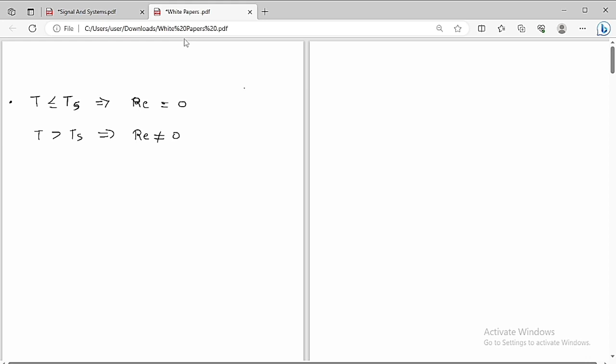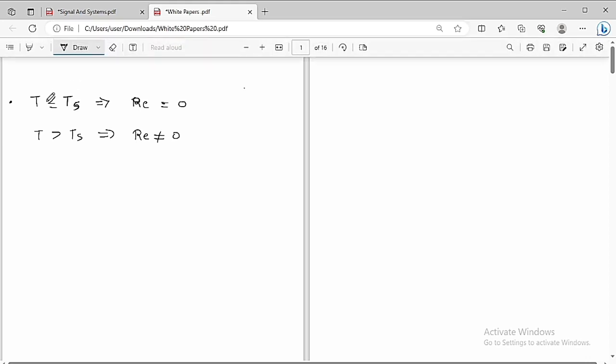As you can see clearly from this picture, if you sample the original signal at a time period less than or equal to the sampling time period, then the reconstructed signal is always equal to the original signal. Suppose you sample the original signal at higher than the sampling time period, then the reconstructed signal from the samples is no more the original signal.